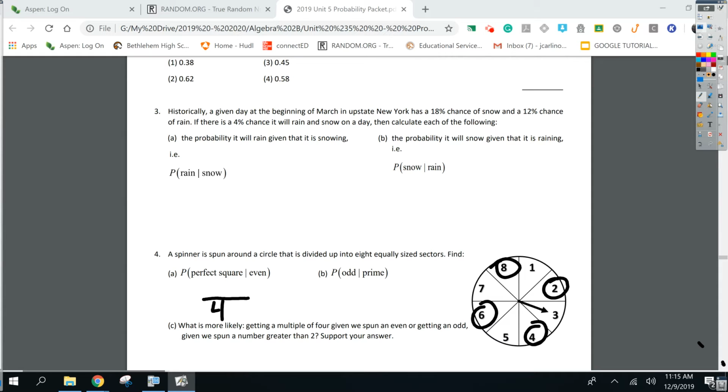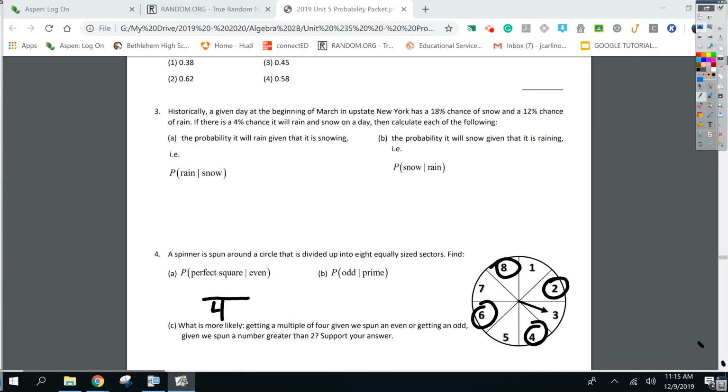So now, Lily, here I go. Out of those evens, how many are perfect squares? Which ones are perfect squares? Well, 2 is not a perfect square. Perfect square means I can take the square root of it.